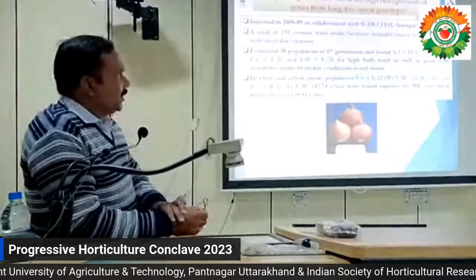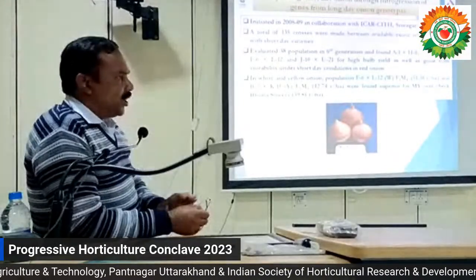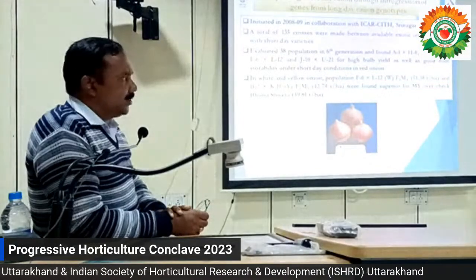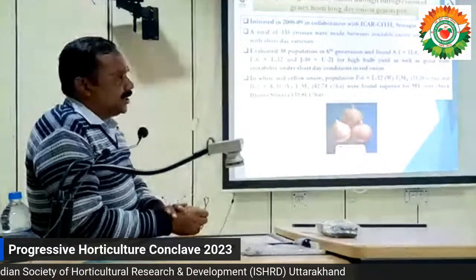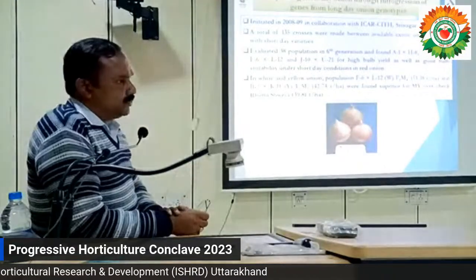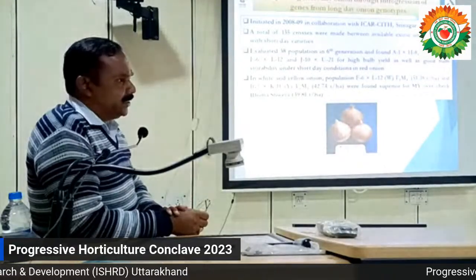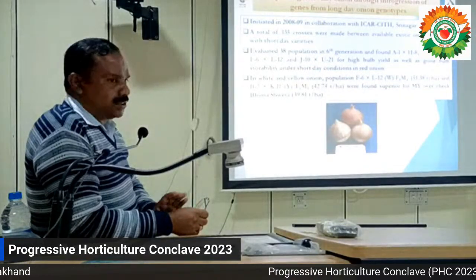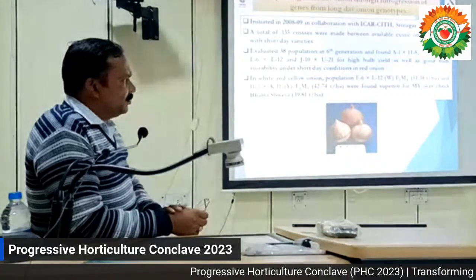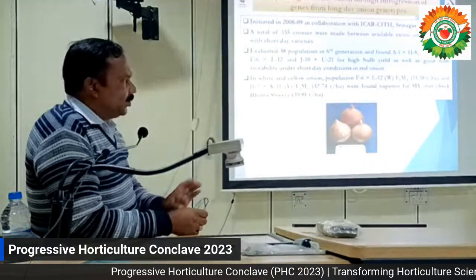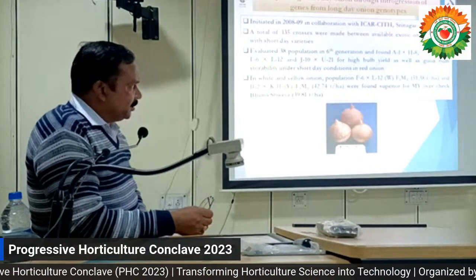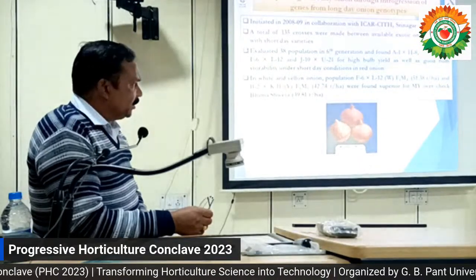We are also working on introgression breeding between long day and short day onion, by crossing short day and long day onion. At Srinagar, we started this long back in 2018-19, and presently we have 6 populations in the desirable direction. These are also under multiplication for multi-location evaluation through the network trial.